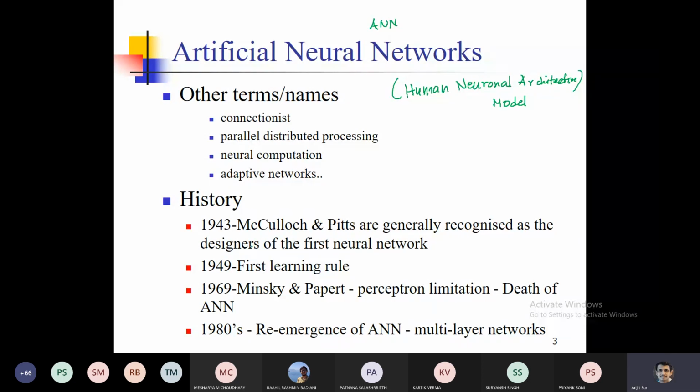In 1969, Minsky and Papert's perceptron limitation, the death of NN kind of thing. In the 1980s, the re-emergence of NN with multi-layer perceptron. So these are some brief milestones of how artificial neural network evolved as a computational model.